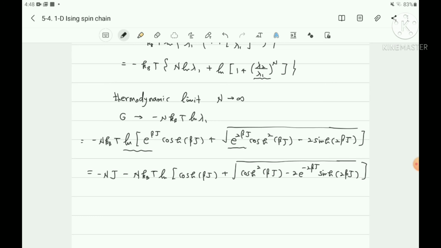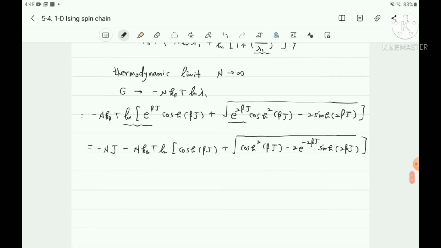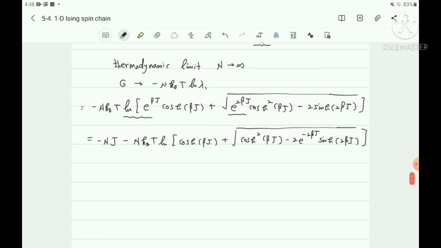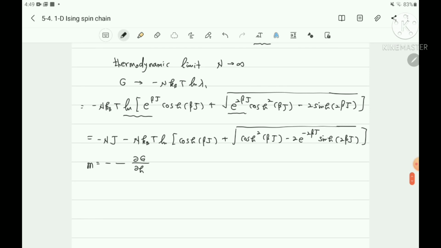And here, the magnetic moment is the negative derivative with respect to the magnetic field, with 1 over n meaning per single magnetic atom. Here it is a field term.